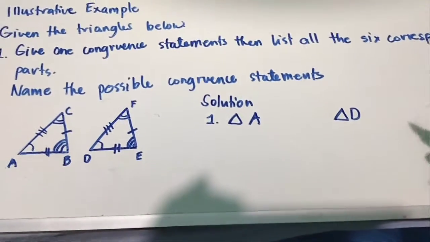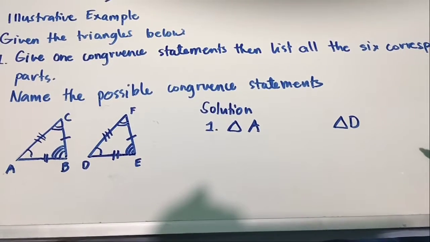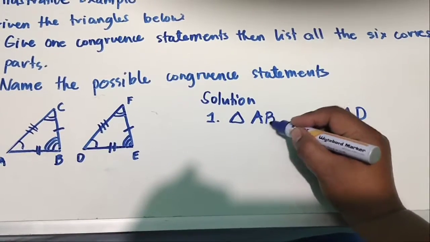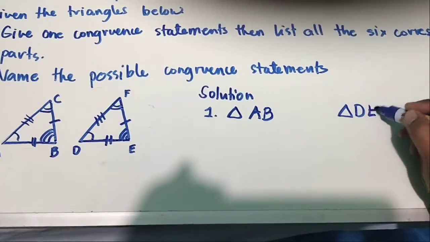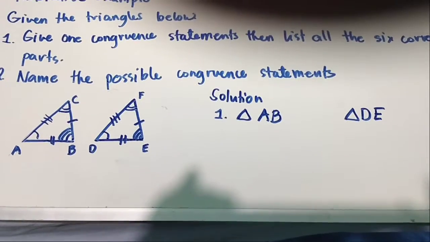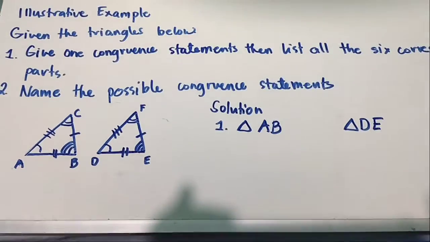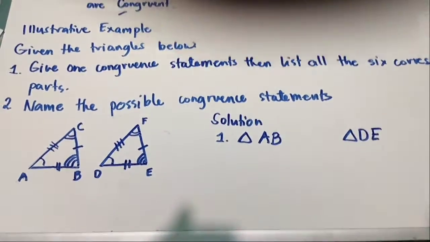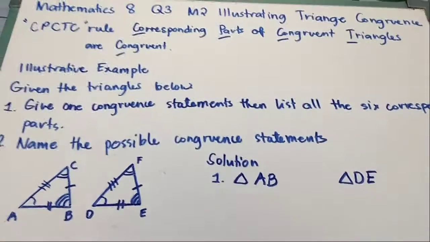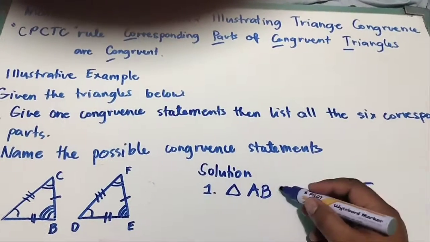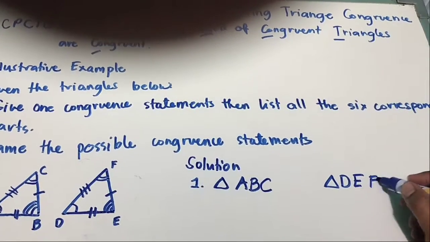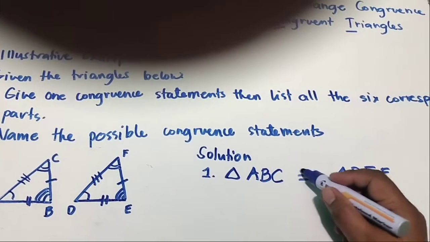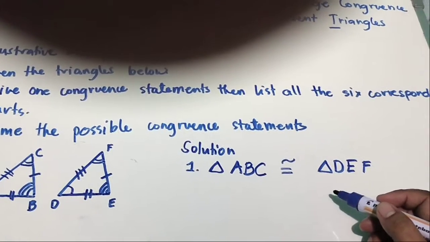Okay. So, perhaps I will get B and then E. And then next, your angle C has 2 congruent signs for angles, also for angle F. Therefore, I may write C and F. So I can say that triangle ABC is congruent to triangle DEF.